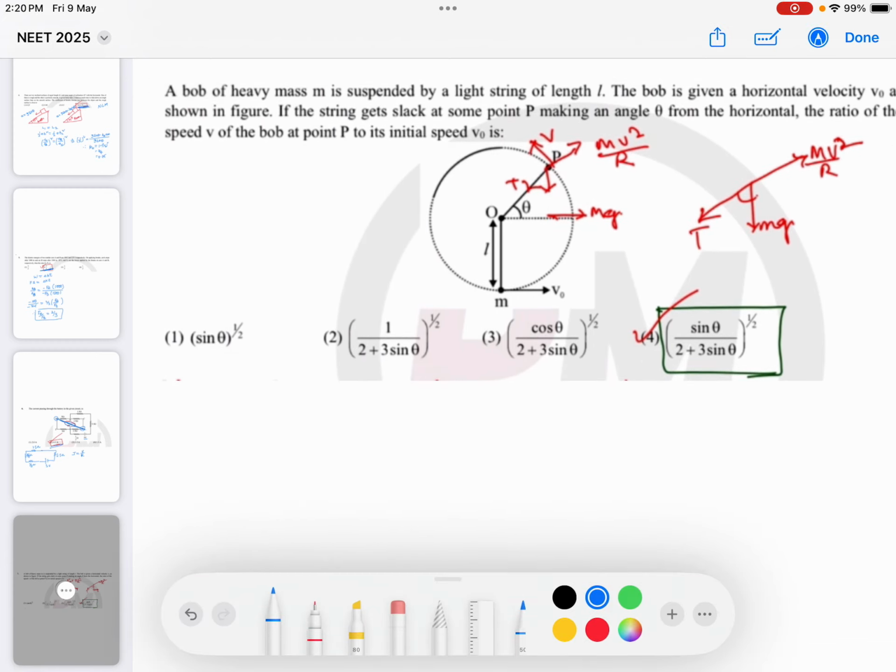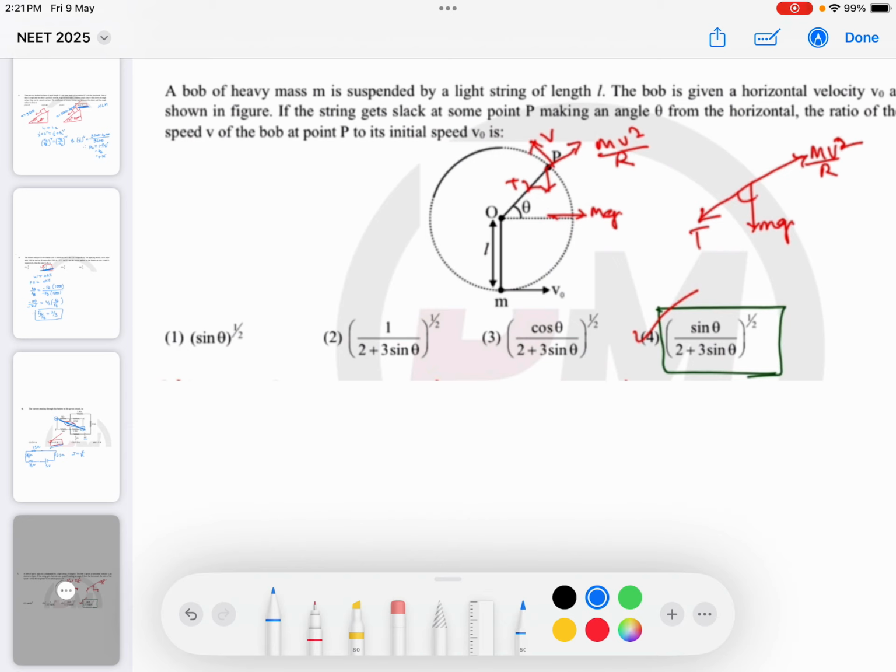And next one. In the next question, a bob of heavy mass M is suspended by a light string of length L. The bob is given horizontal velocity V0 as shown in the figure. The string gets slack at the point P, making an angle theta from the horizontal.